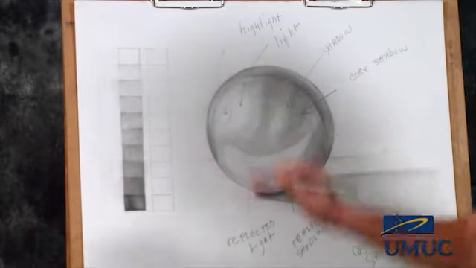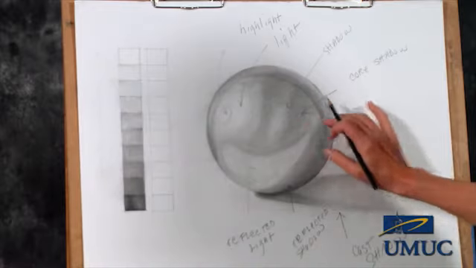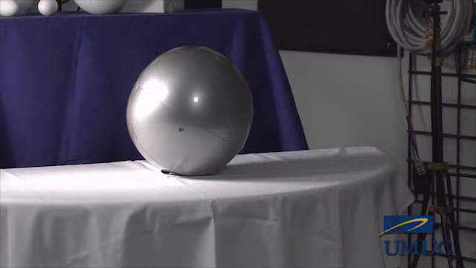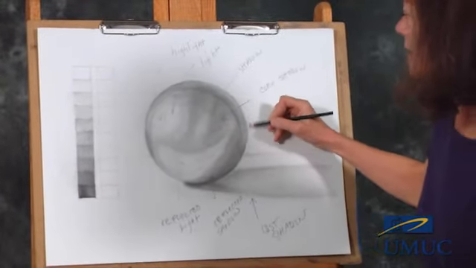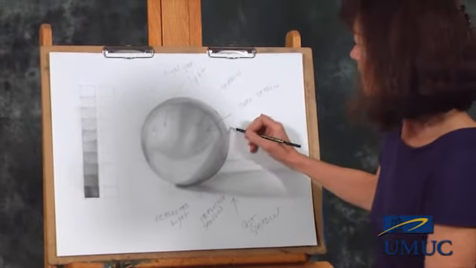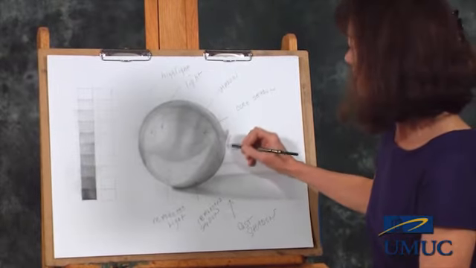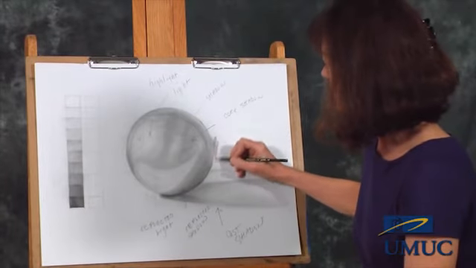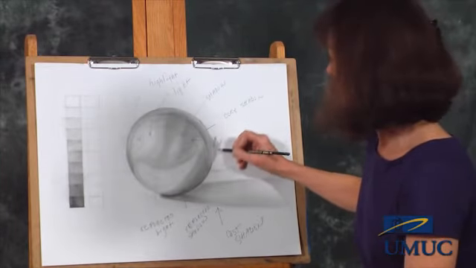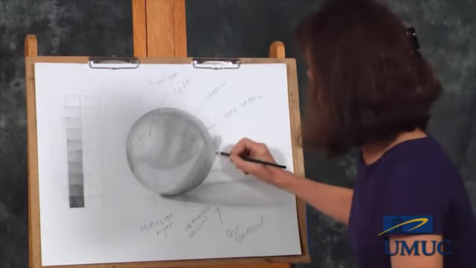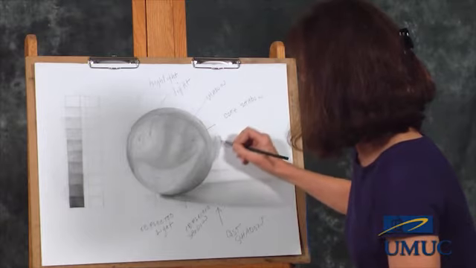I have not drawn this in yet, but if we look at our sphere, in this setting we have a dark draped background, and this is a good example of where we can have lost line or disappearing line, because the shadow on my sphere is almost the same value as that cloth behind it. So instead of having a broad, thick outline, we actually can have a lost line when the values are similar.